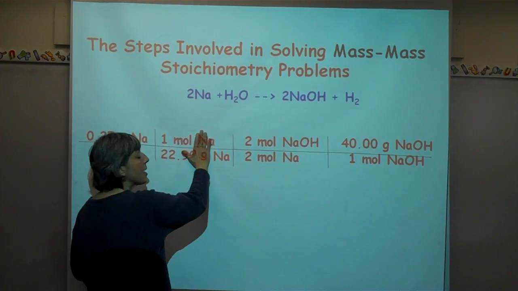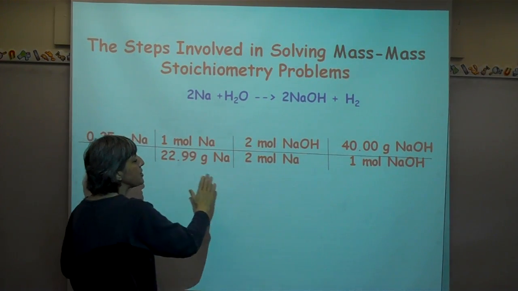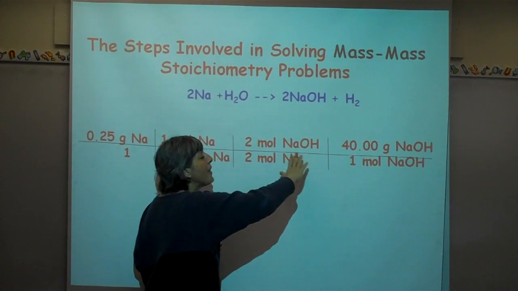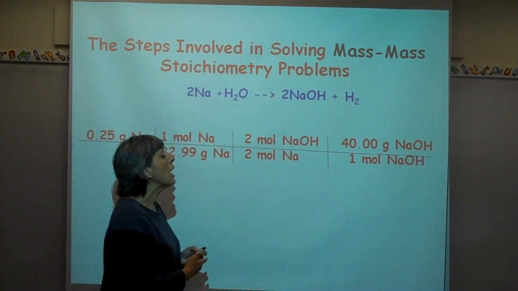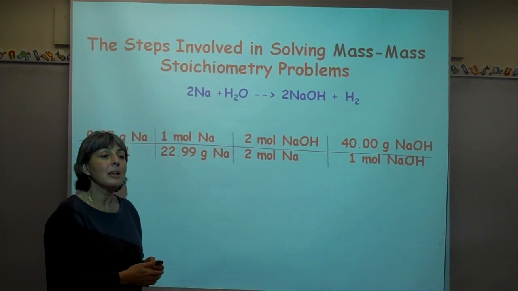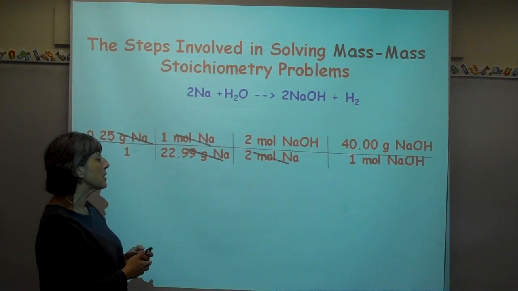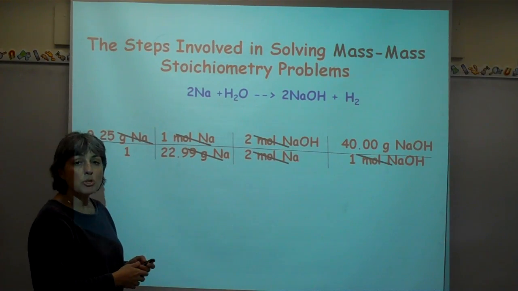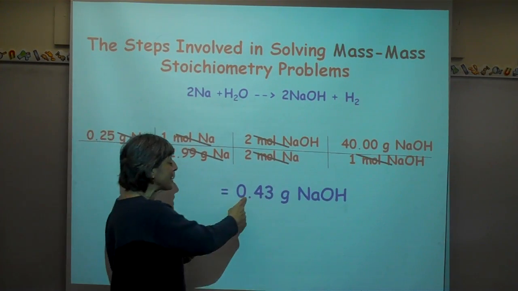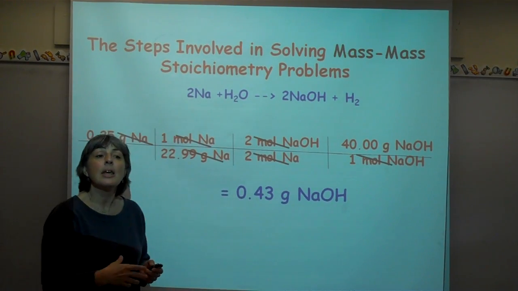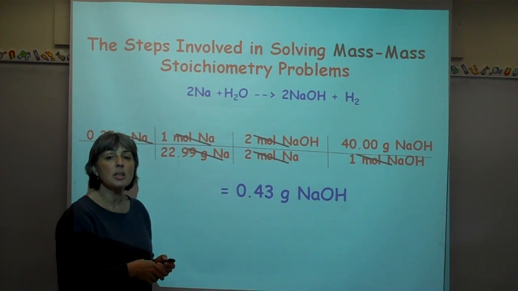Put your molar mass of the given first, then put the molar ratio, and then do the molar mass of the NaOH. And when you do that calculation, cancel everything out, run the numbers through the calculator, you will see that it is exactly the same number that you'd have gotten if you had done each calculation individually.